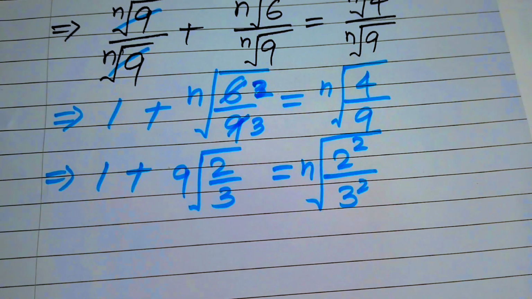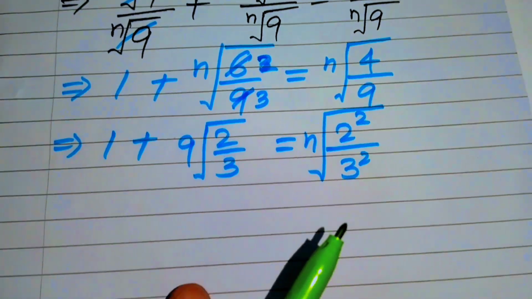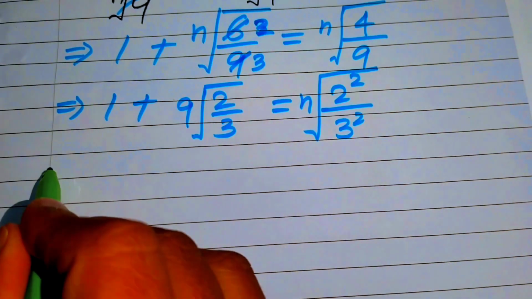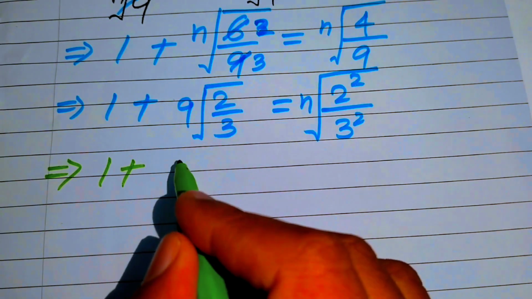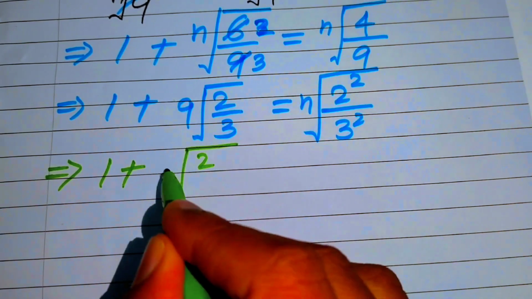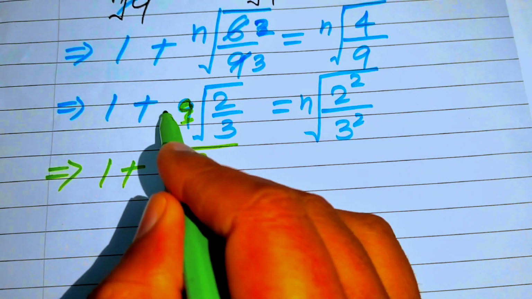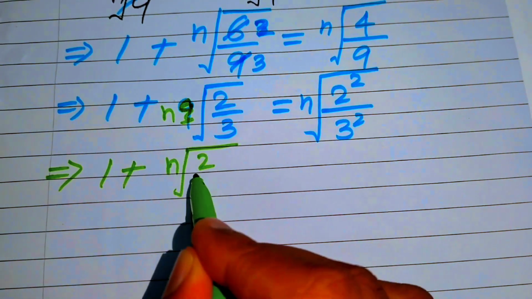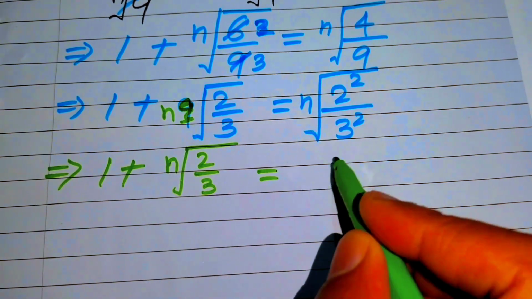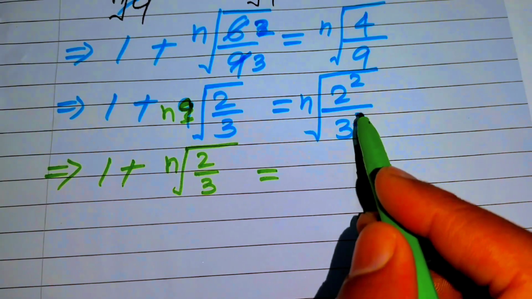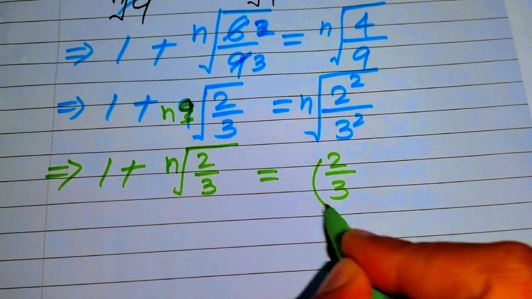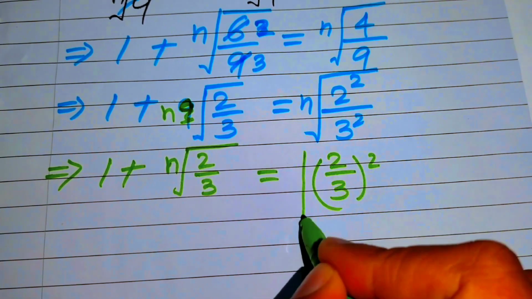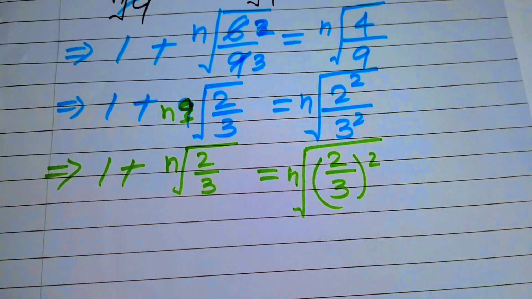And now in the next step we focus on the right hand side, where we need some simplification, and we write the left hand side as it is. So this is 1 plus nth root of 2 over 3 equals, here we combine the square of 2 and 3 and write it as 2 over 3 whole square and its nth root.